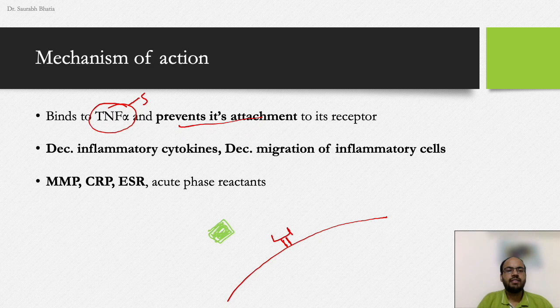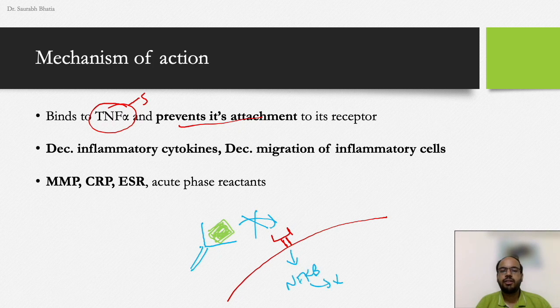So what infliximab does is it binds to the soluble TNF alpha and prevents its attachment to its receptor. So this attachment does not take place, and when this attachment doesn't take place, TNF alpha does not attach to its receptor. There are no downstream effects, majorly through NF-kappa B, and there is no translation of inflammatory cytokines.